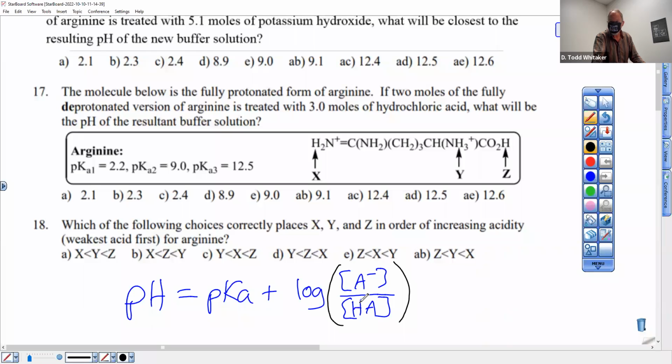That's the answer. So for a carboxylic acid with a pKa of 5, you can have buffers going from 3 to 7, 2 below, 2 above. If you want a buffer at pH equals 11, tell me your acid-base pair. Your best acid-base pair. 5, 9.